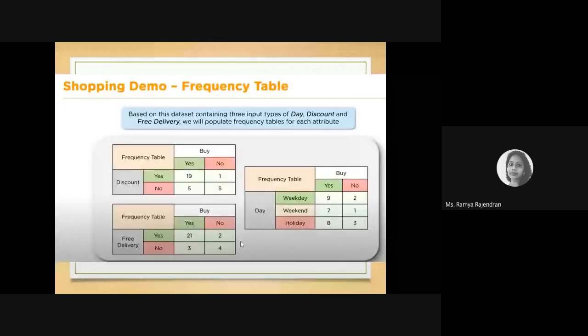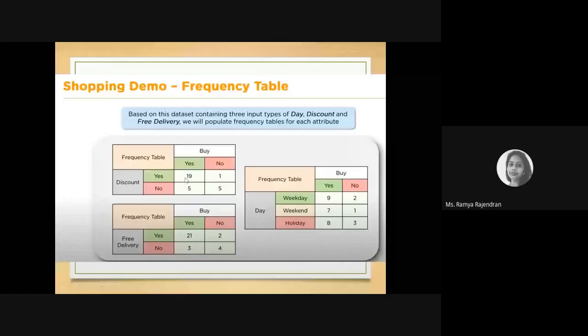First we have to create a frequency table based on whether the customer is buying the product or not. Buying is the dependent variable, and these three things are independent variables. So we create a frequency table with all three independent variables along with the dependent variable. We have buy and discount. Out of 30 people, 19 people have bought the product when there's a discount.